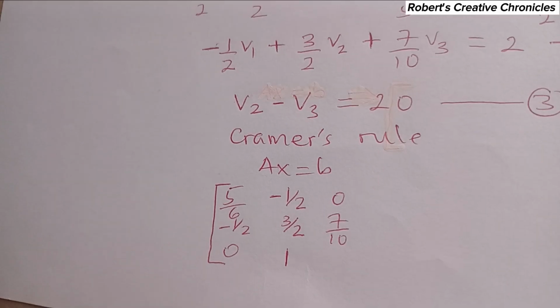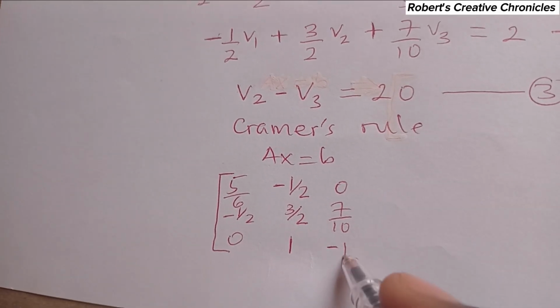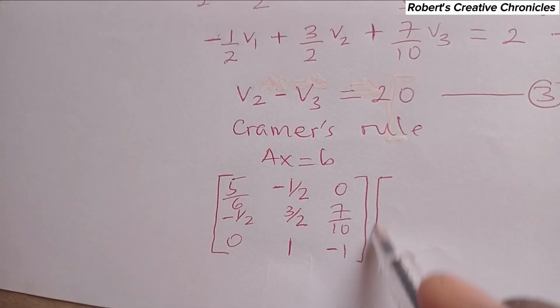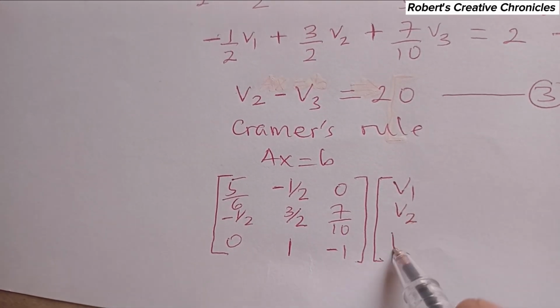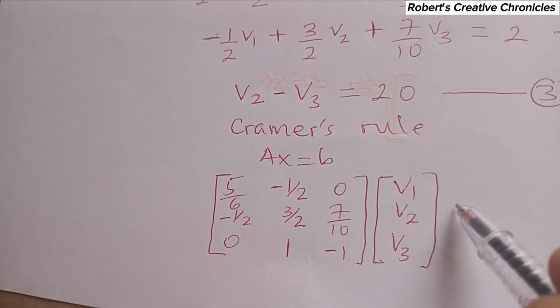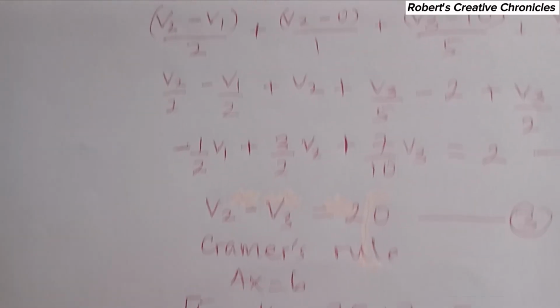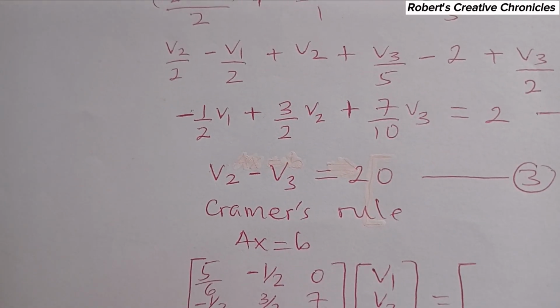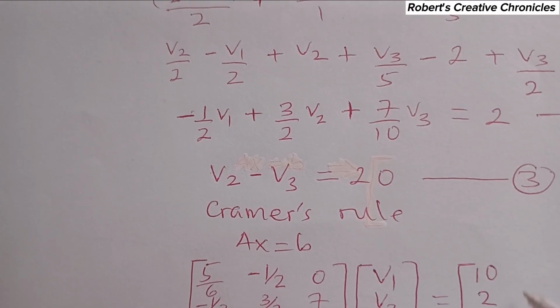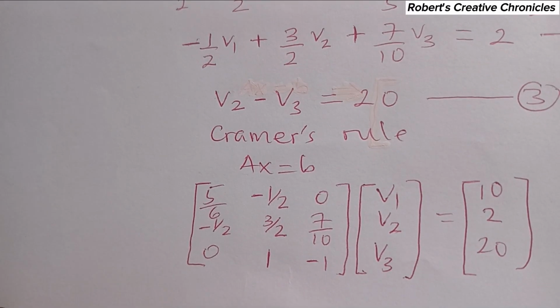And the last row: 0, 1, minus 1. Here is V1, V2, V3. Then here will be 10, 2, and 20. So this is it.